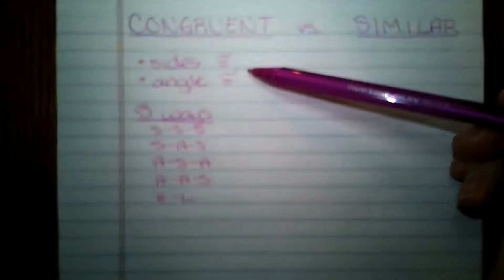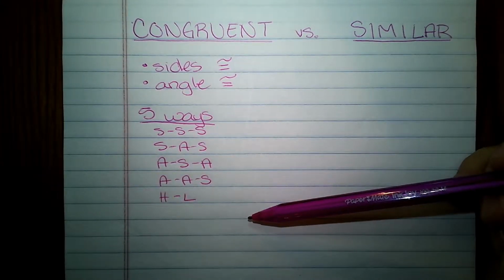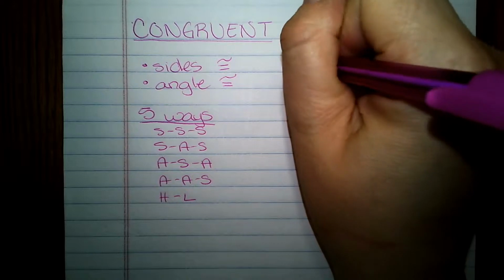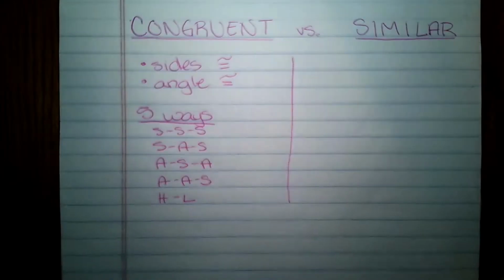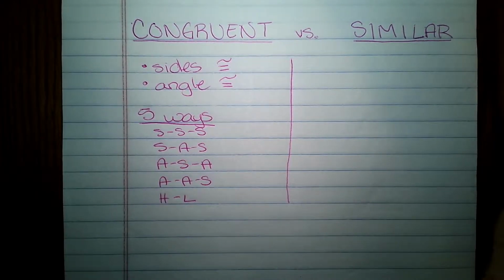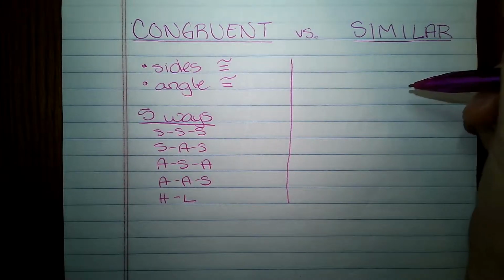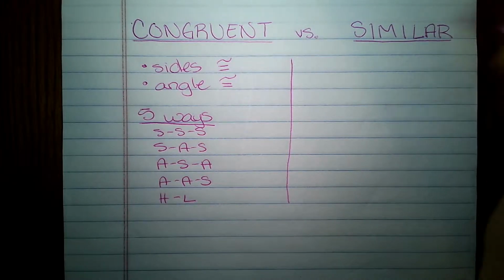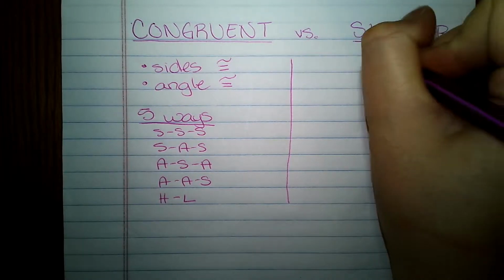In comparison to congruent triangles, this unit we're talking about similar triangles. Similar triangles are not the same as congruent. Similar triangles are one that's big and then one that's small. Maybe a dilation should be coming to mind here.